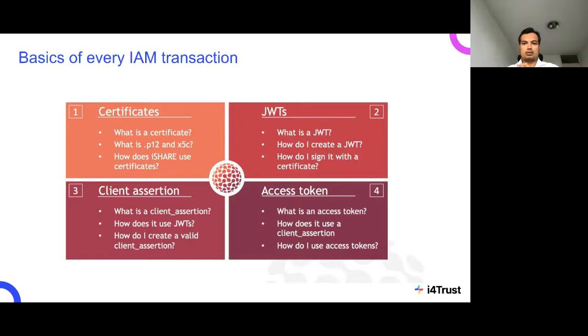And third is the client assertion, as we have defined, which is also based on JWT, but there is a specific set of attributes that we require to create that as a client assertion. And once you provide that as a client assertion to another party, the other party after validation can provide you the access token. So this, in essence, forms the first part of any data sharing transaction.